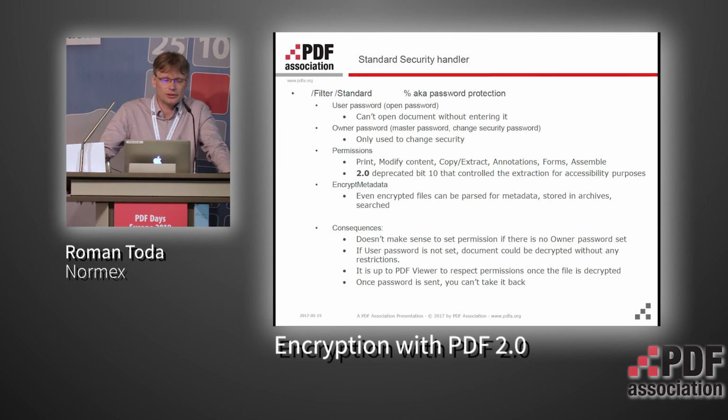You can't open a document without entering it, as the end user. And there is another password, called owner or master, or change security password, based on what document you're reading, and that is used just to change the security. Of course, permissions are attached to this, and also a flag to encrypt metadata.